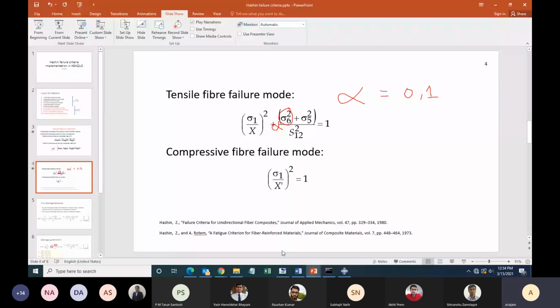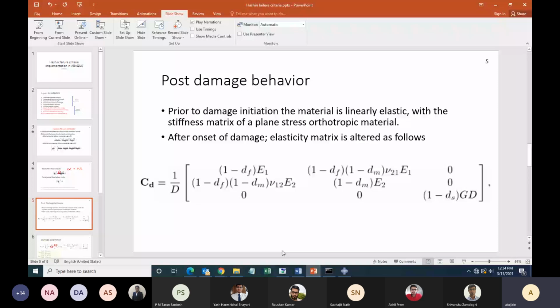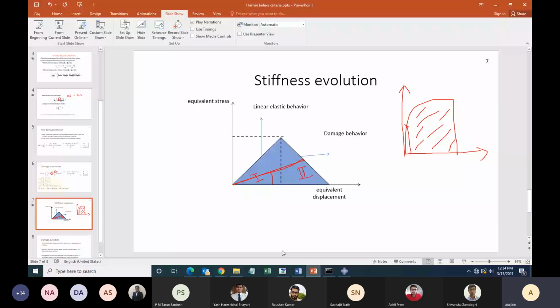So once you have the onset of damage, you also have the fracture energy. That is the damage, the area under the stress strain curve from first failure to ultimate damage. And for the same area, Abaqus will draw a bilinear stress displacement curve as shown. And depending on where you are at the curve, the Young's modulus is recalculated.